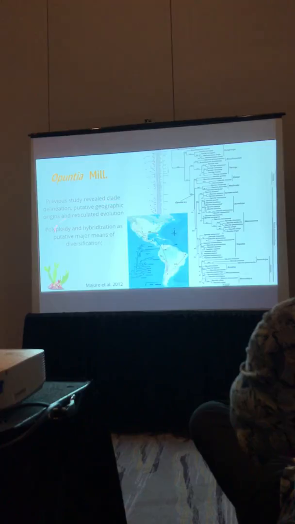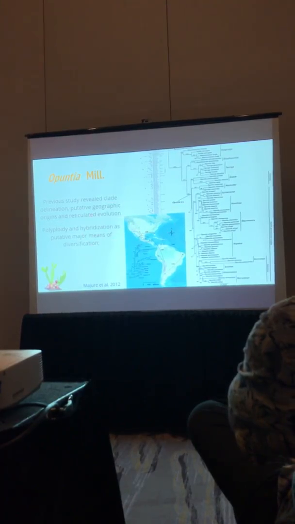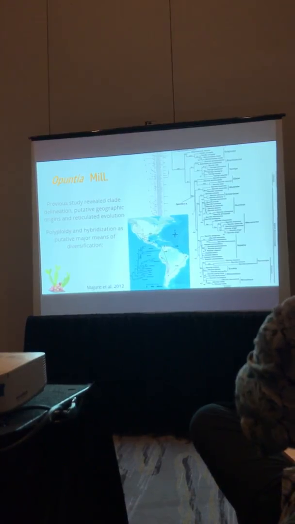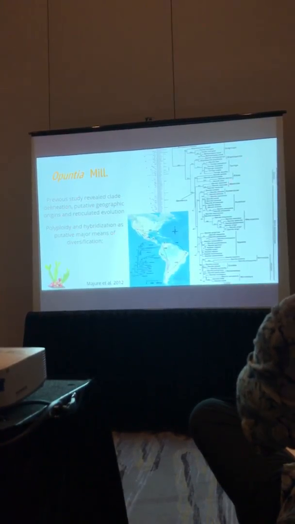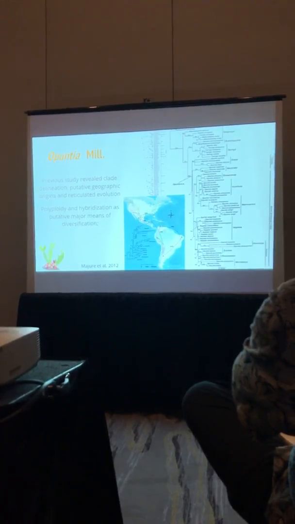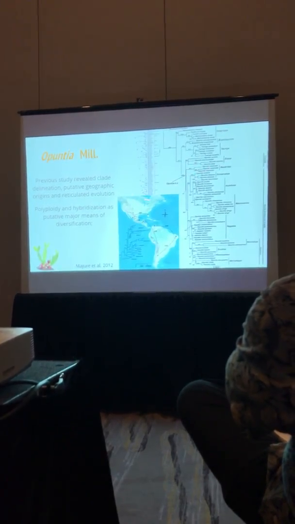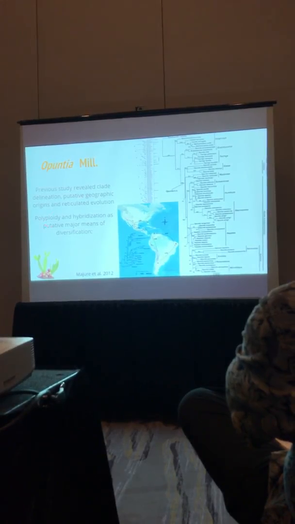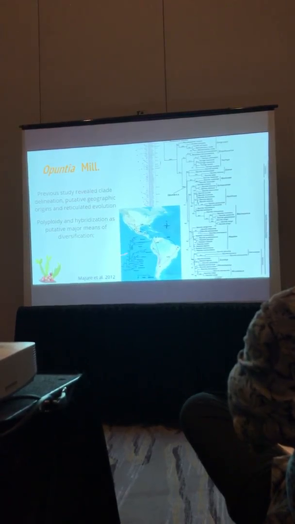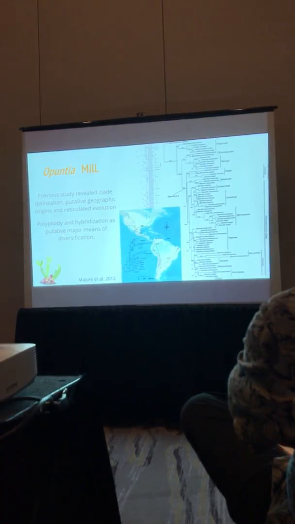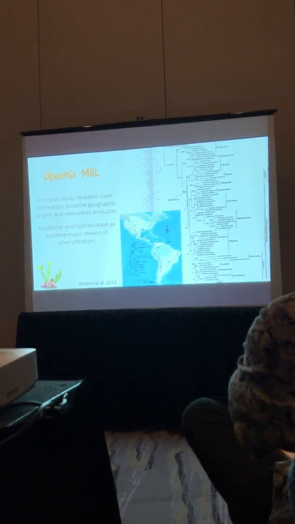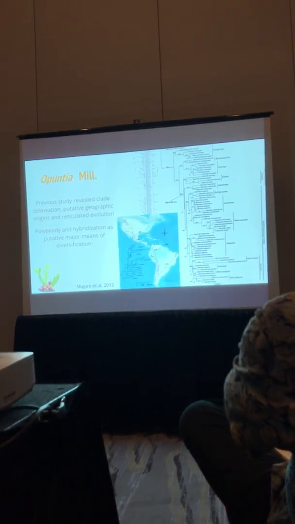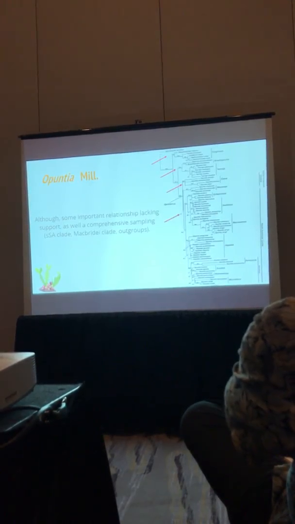From an evolutionary perspective, a previous study of the genus revealed a first clade delineation, with five North American clades and two South American clades in a positive geographical pattern. In that study, Majure and collaborators revealed that polyploidy and hybridization were really important drivers of diversification at the species level.